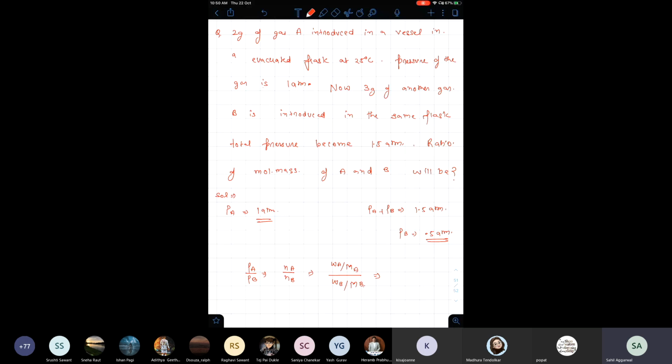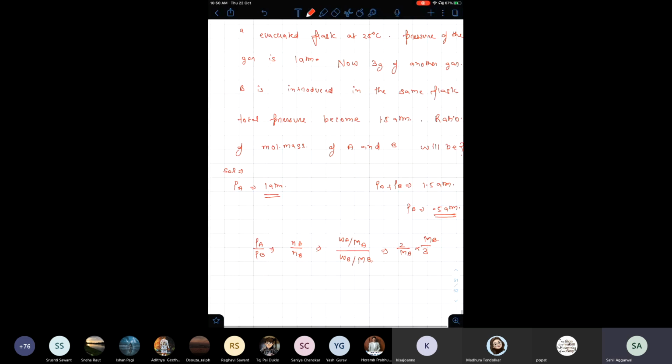We are given with the given masses 2 by Ma, 3 by Mb. That will be equal to 1 upon 0.5, which is 3 into Ma upon Mb.